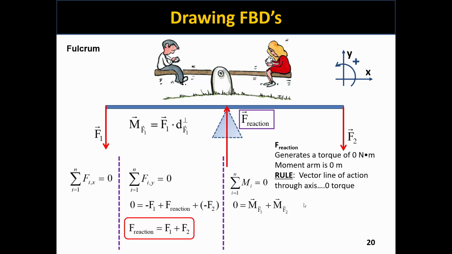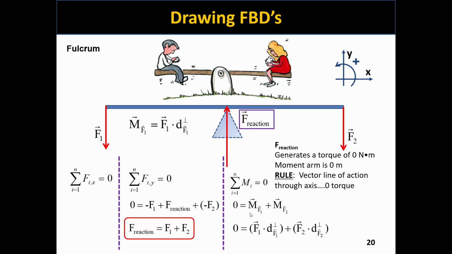We add the moment of force generated by F2. Notice I didn't put in the moment of force generated by F reaction. I could have written that in as well, but we already established that that value is going to be 0. Not F reaction, but the moment of force due to the reaction force.